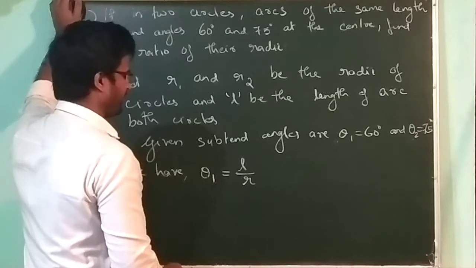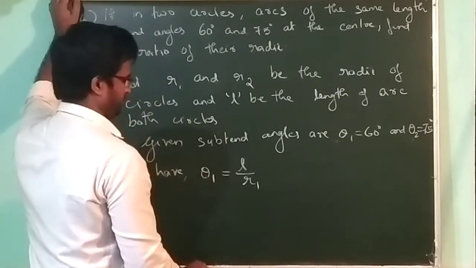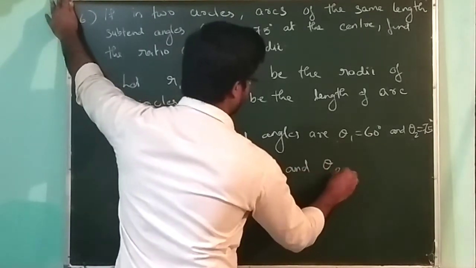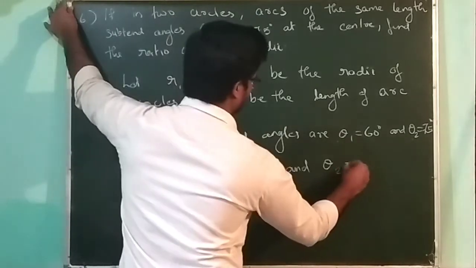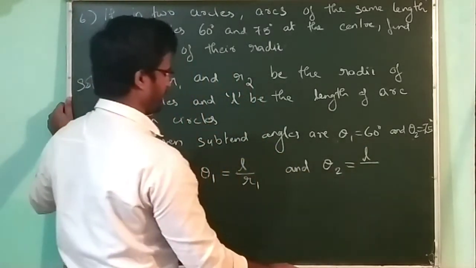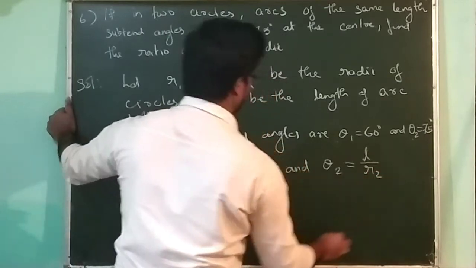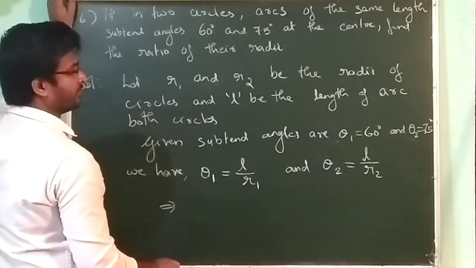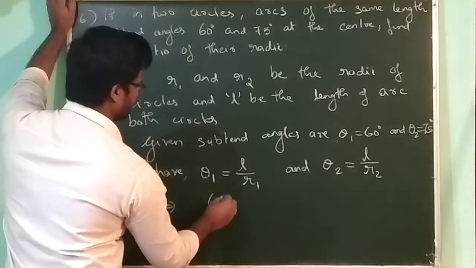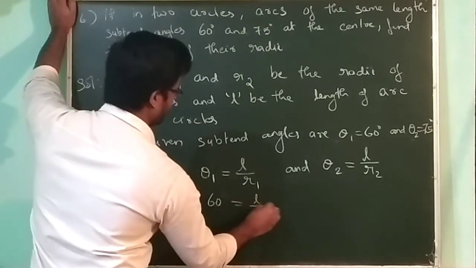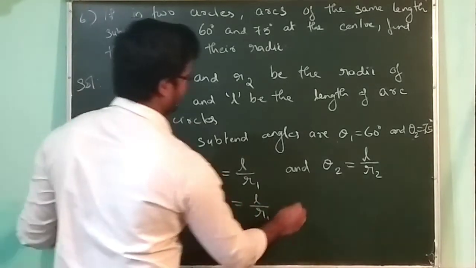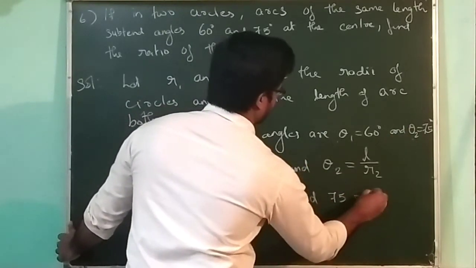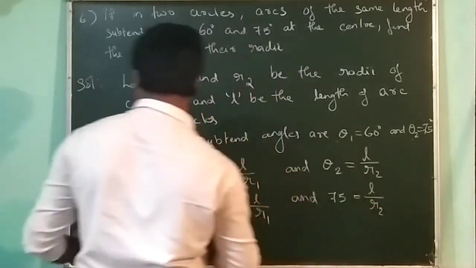We can take theta 1 equal to L by R1. In the case of the second circle, the subtended angle theta 2 equal to arc length L common, R2, the radius of the second circle. Theta 1 is 60, so 60 equals L by R1, and theta 2 is 75 equals L by R2.